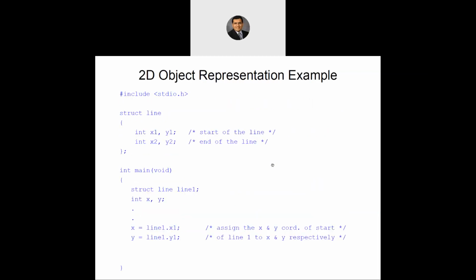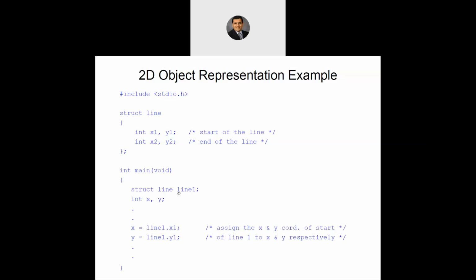Okay? Look here. I'm creating a structure known as line, and my structure is going to have integer variables x1, y1, x2, y2. So the name of my structure is known as line. So line is going to be a new data type that I can create a variable of. You see, line is my data type, and my variable name is line1.